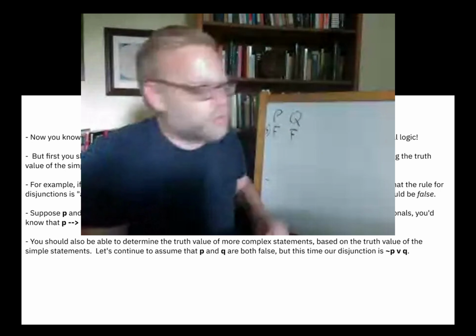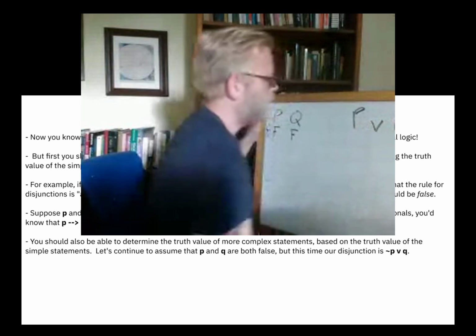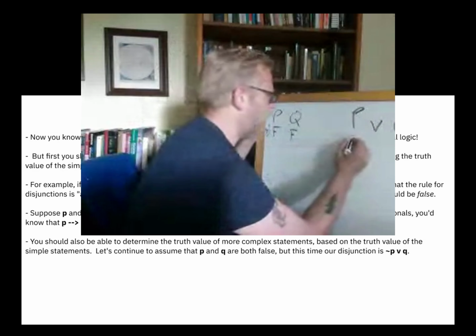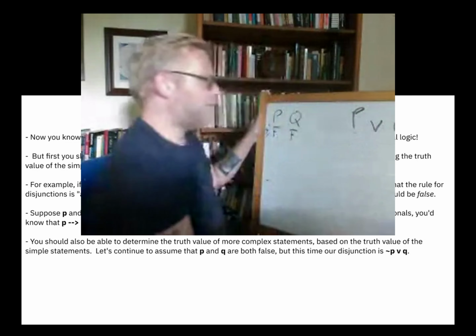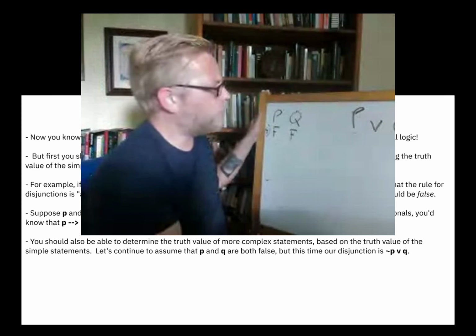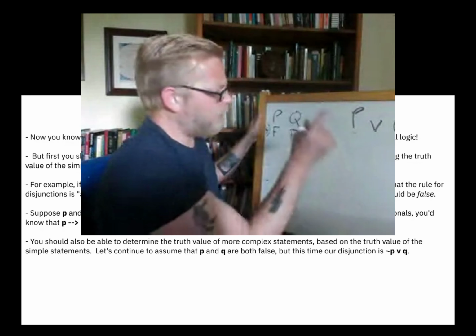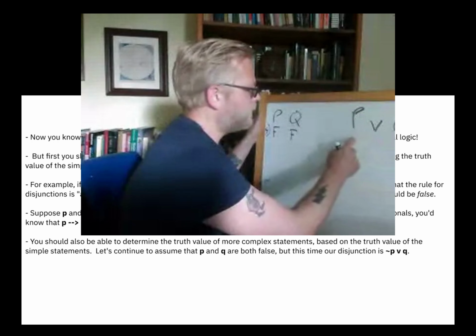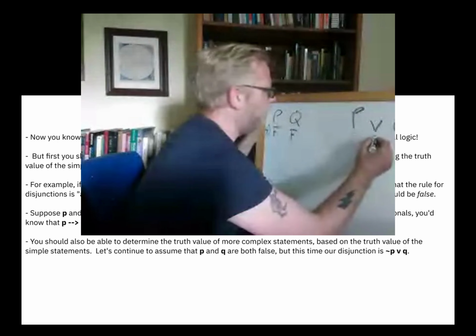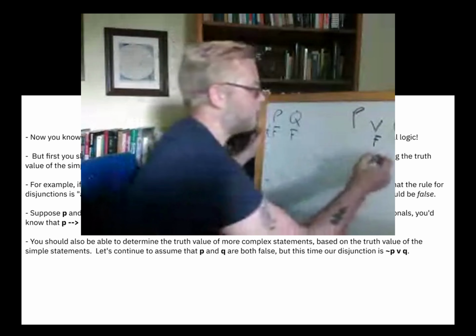So I could go back to the P or Q. P is false and Q is false. Well, what does my truth table for the disjunction look like? In the truth table for disjunction, if both sides are false, then the whole thing is false. Disjunctions are false when both sides are false.